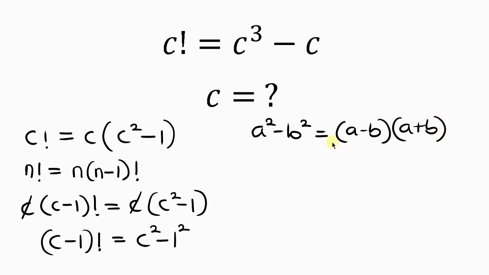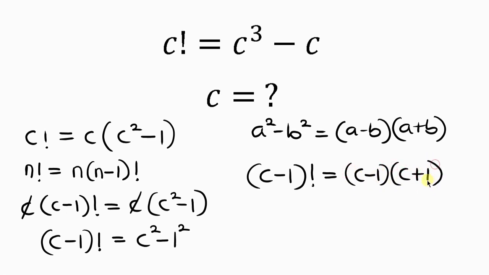So we're going to be applying this property here. On the left hand side, we have c minus 1 factorial equal to, on the right hand side, in this form, c minus 1 times c plus 1. Very good.